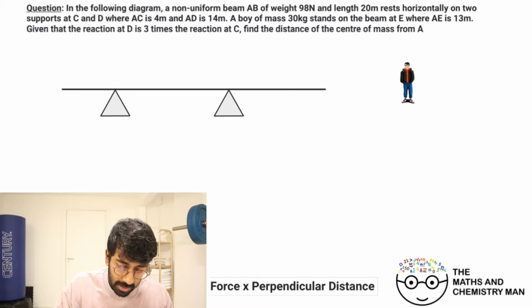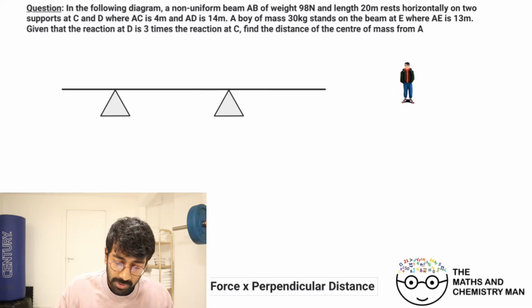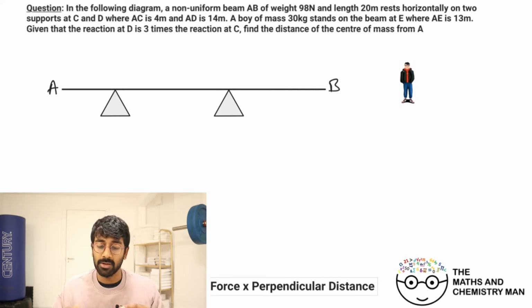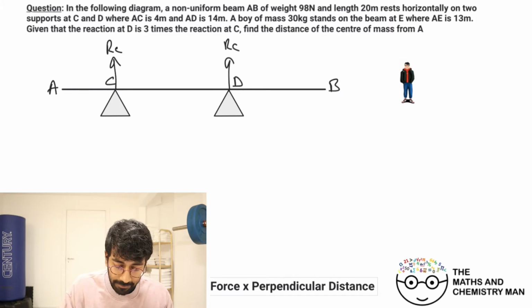So let's have a look at this question, something typical of what you could see. In the following diagram, a non-uniform beam AB, so here's A, here's B, has a weight of 98 newtons and a length of 20 meters, and rests horizontally on supports at C and D. We're going to have reaction forces RC and RD.